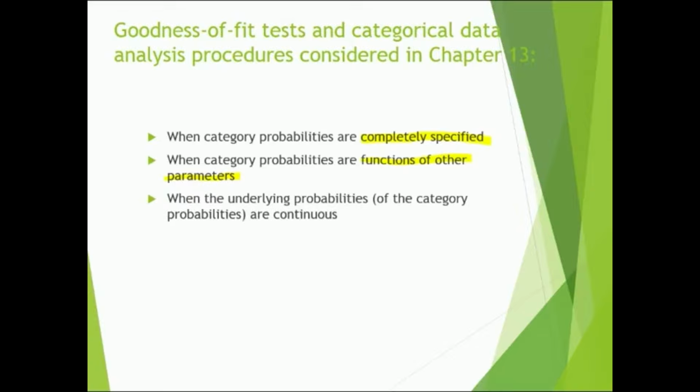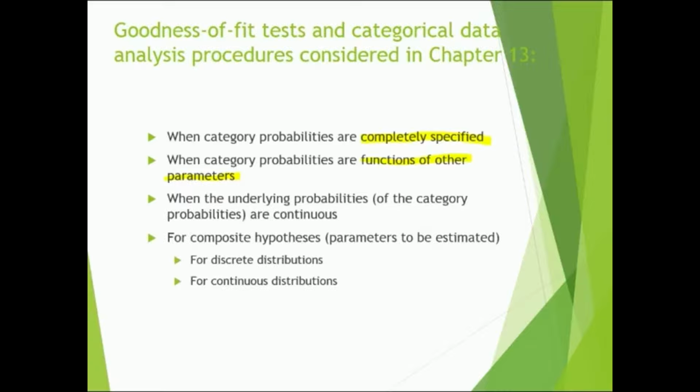For example, we're going to look at a procedure to determine whether data is actually normally distributed, but by using a discrete approach to a continuous variable. Then we'll be looking as well at composite hypotheses, where we need to estimate parameters for discrete distributions or for continuous distributions in order to do the goodness of fit test.